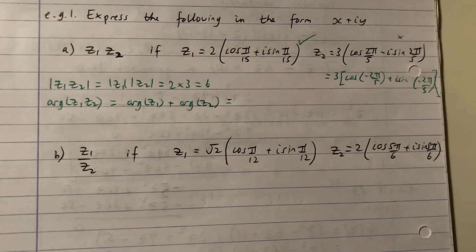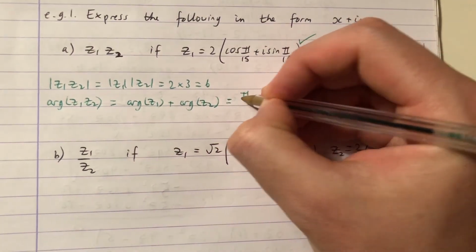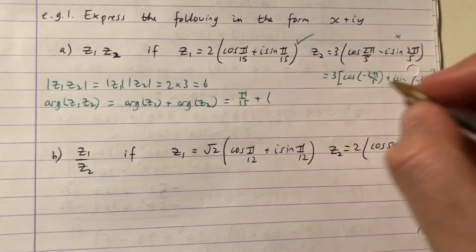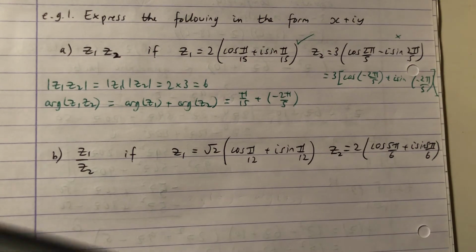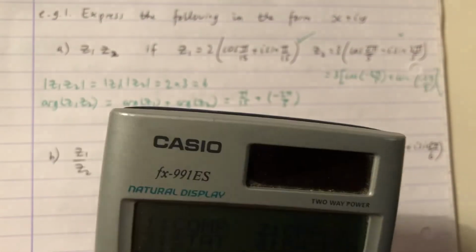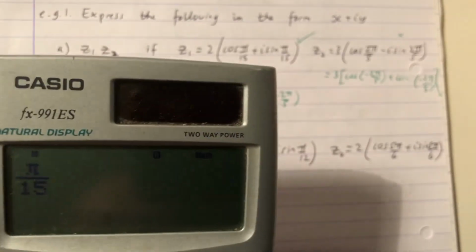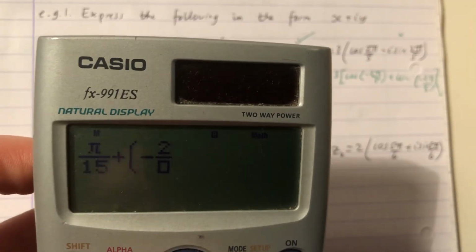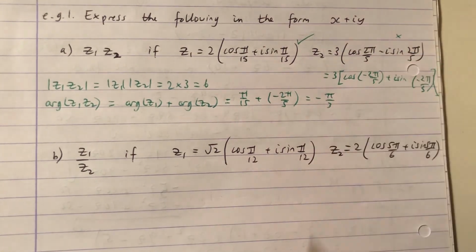So that's equal to arg z1, which is pi by 15, plus arg z2, which is minus 2 pi by 5. Work this out on a calculator: pi by 15 plus minus 2 pi by 5, and you get minus pi by 3, or minus a third pi.